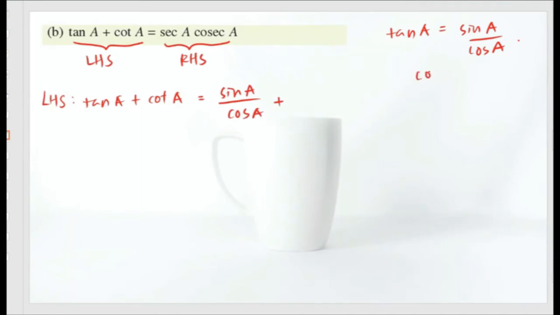Cotangent is 1 over tangent, so cotangent is the converse of tangent A. So for cotangent, sin A over cos A becomes cos A over sin A. This one you know, right?